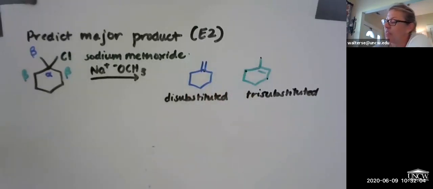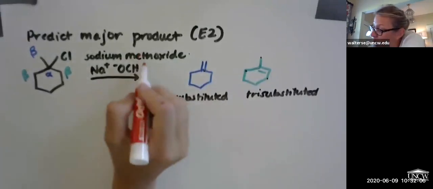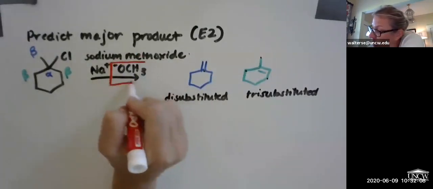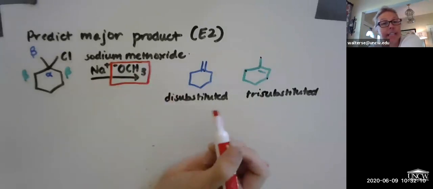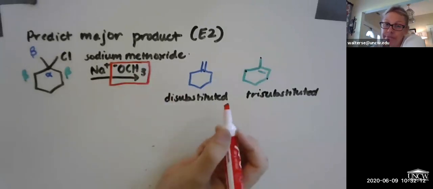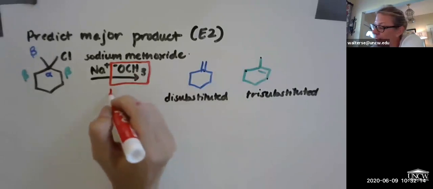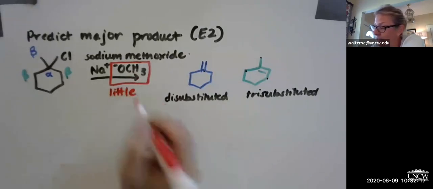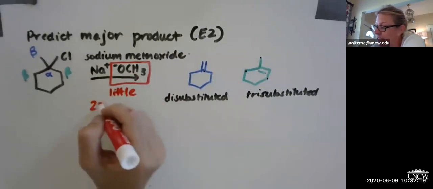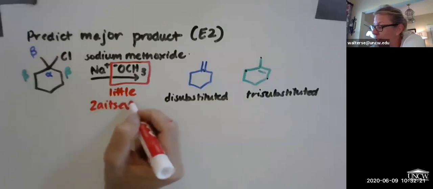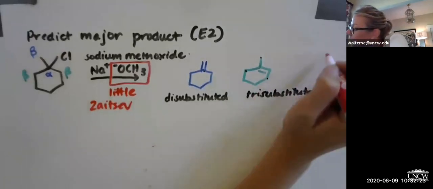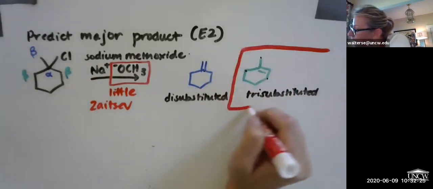Okay. Then go back and determine whether or not that base is little or big. Methoxide is a little base, which makes the Zaitsev product the major product, which would be this one right here.